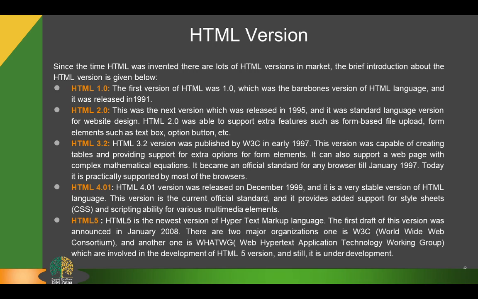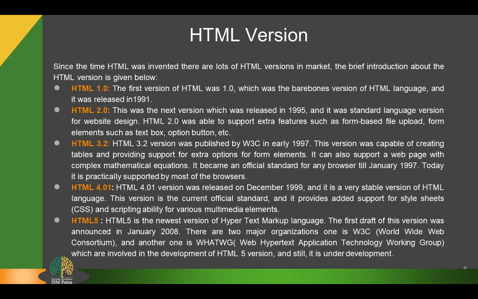In the form, we have a text box to input our data. We have option buttons to input our data from multiple selections, where we have to choose only one option. There is a checkbox button, there is a file upload button, there is a button which is used for submit and reset. So HTML 2.0 comes with the features of form-based controls.